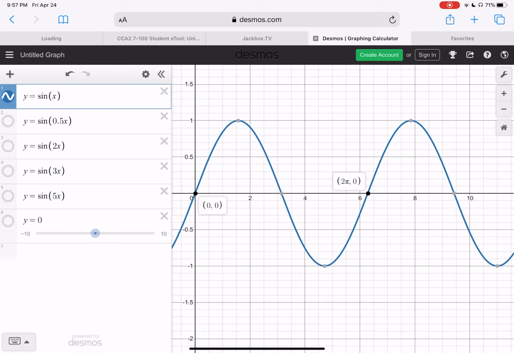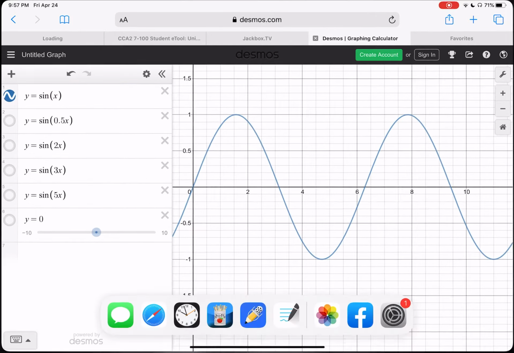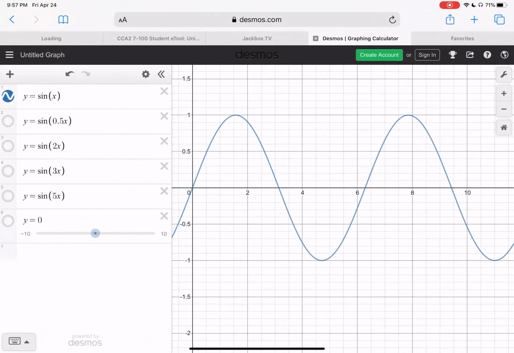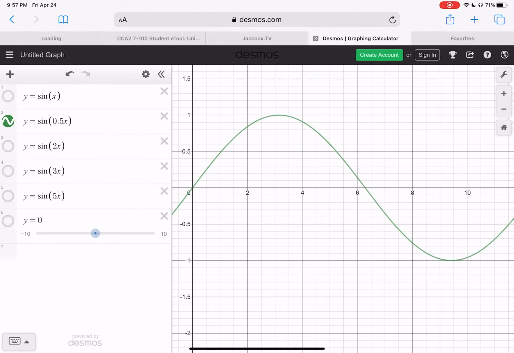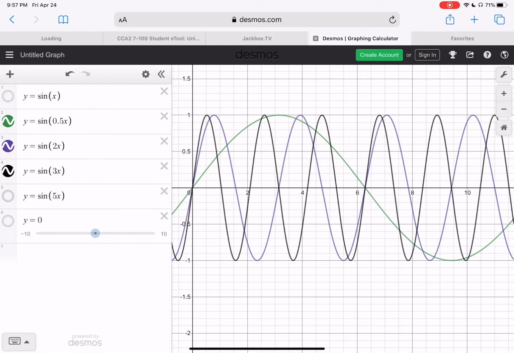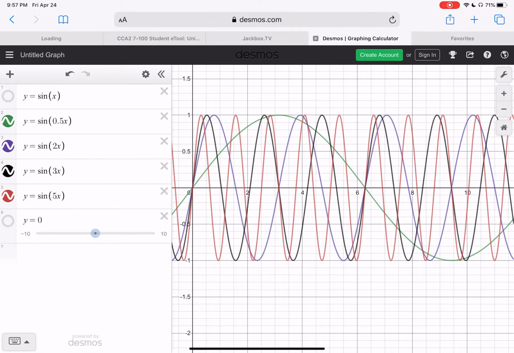So that length is 2 pi. So the period for y equals sine of x is 2 pi. Knowing that, what do you think the period is for the rest of these graphs? Pause the video now to check your answers and make sure that you have the correct period length for each of these.